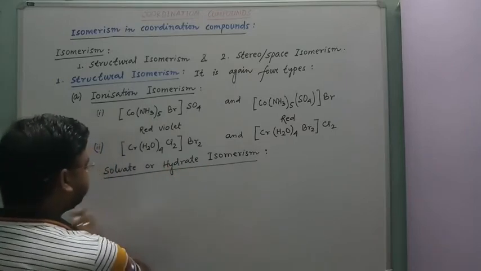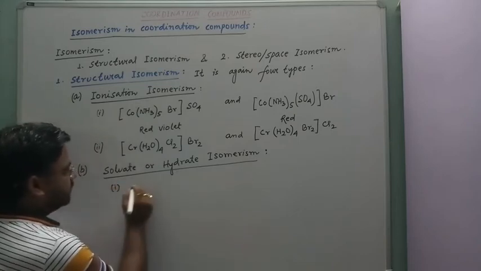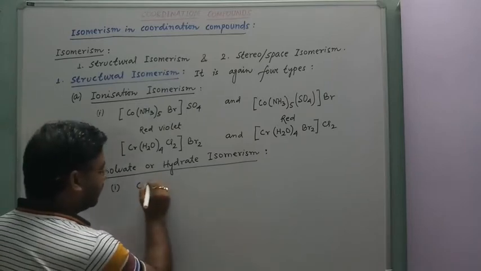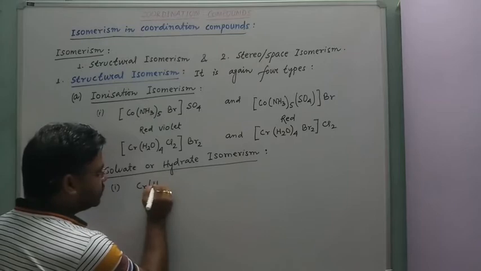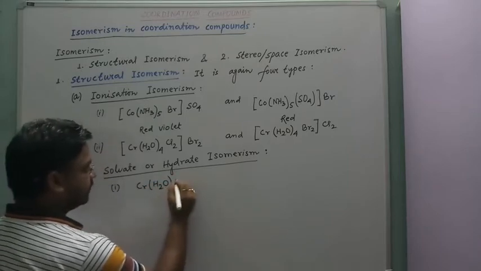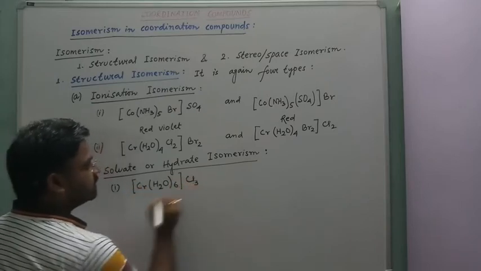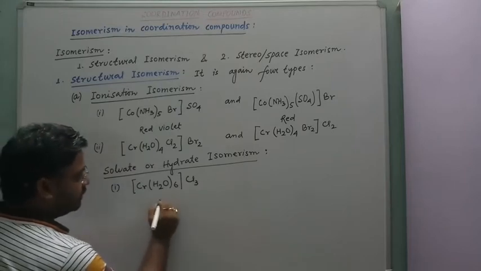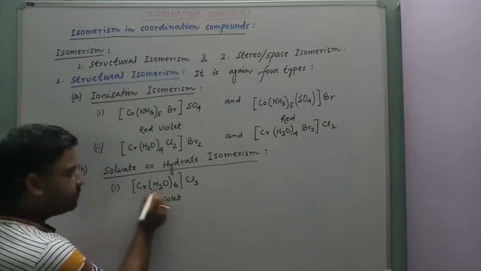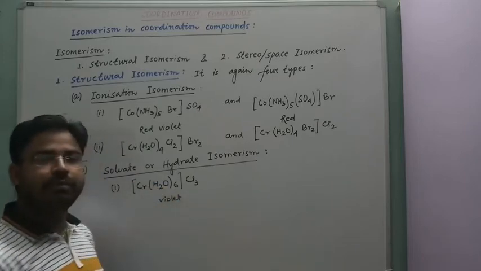For example, number 1: chromium is the central atom, [Cr(H2O)6]Cl3. Here chromium is the central atom and the solvent molecule is water. So 6 H2O molecules are present as ligand.